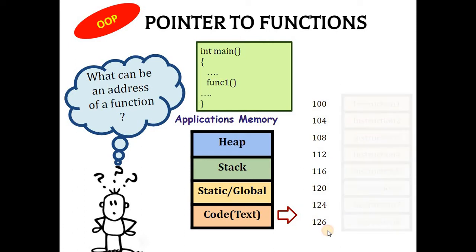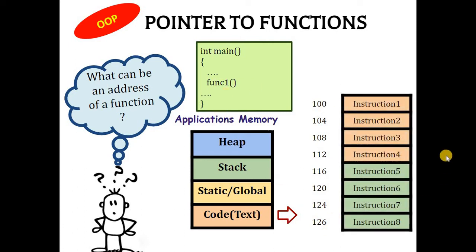The locations 100, 104 and 108 are for the main function, and inside main, function 1 is called. Consider that function 1 is from 116 to 126, storing its instructions. So the memory address of function 1 is 116, whereas for main it is 100.